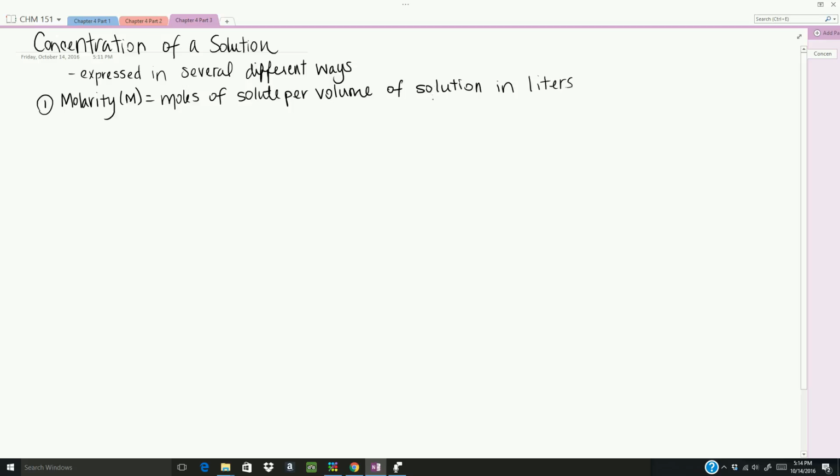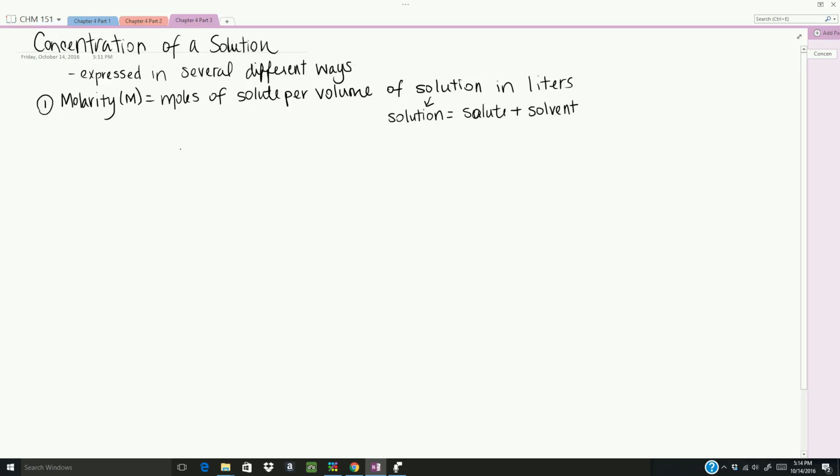An important thing to remember here is that solution is equal to solute plus solvent. So it's the total volume of the solution that you're going to prepare.